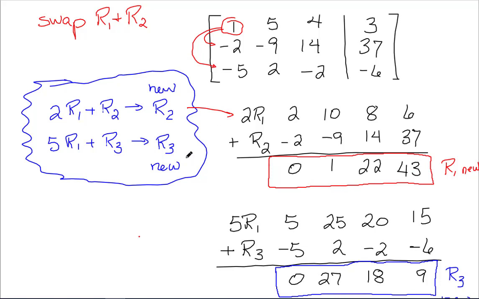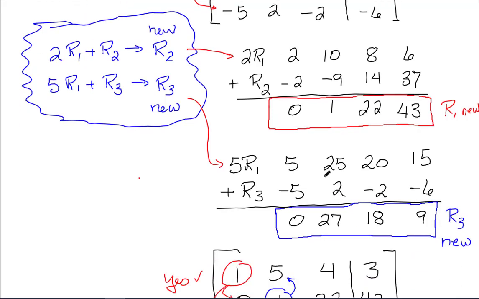All right, so there was our first plan. Here's our second. I'm taking 5 times row 1 and adding that to row 3. So 5 all the way across by row 1. Here's row 3. And again, I'm checking carefully I didn't copy something wrong.